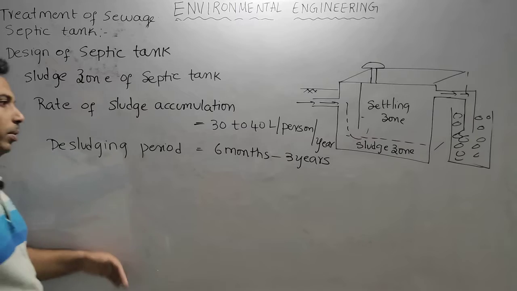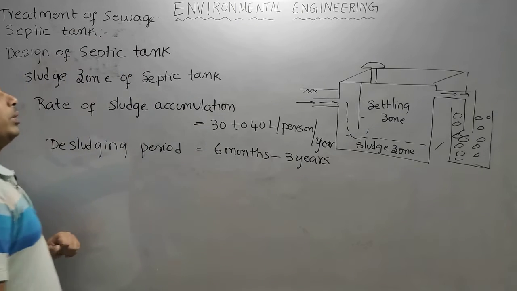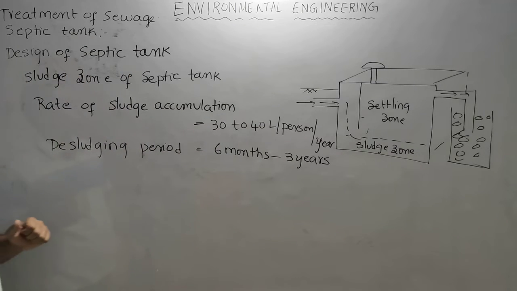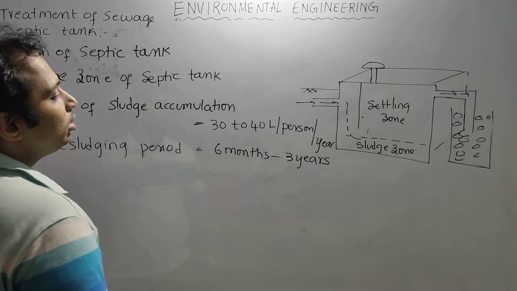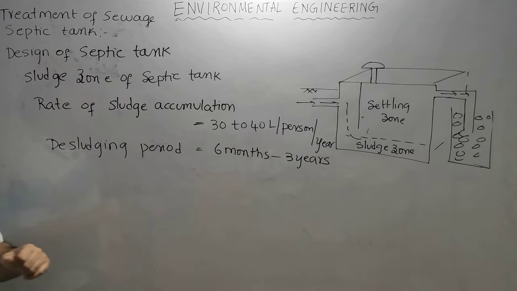If you multiply by the desludging period, you will get how many liters it can accommodate per person. Now, how many persons are using? If you know the number of users, then we can find the volume of the sludge zone.